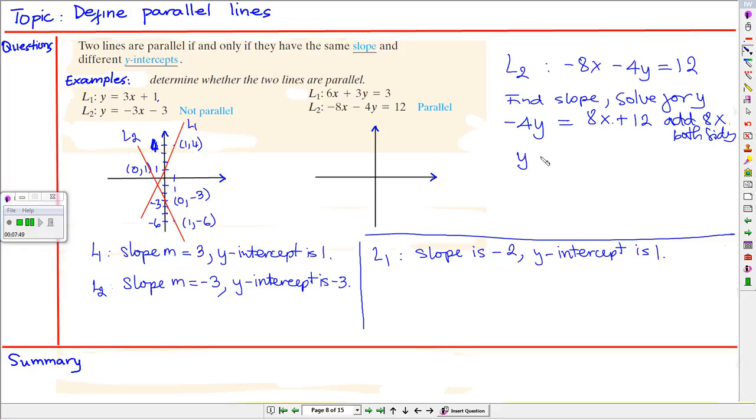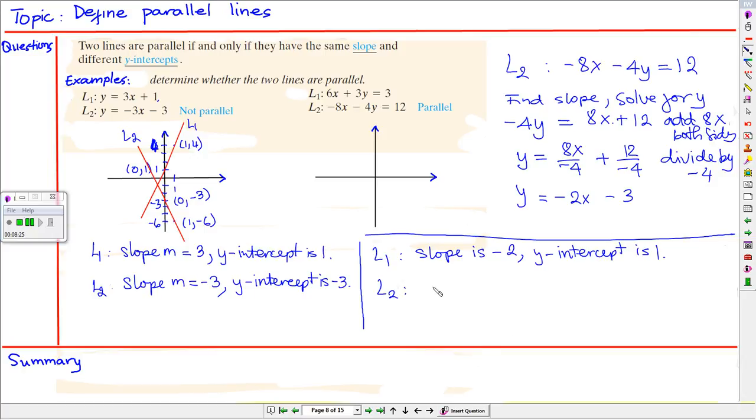Then we divide both sides by negative 4, so y equals 6x divided by negative 4 plus 12 divided by negative 4. Now we simplify the two rational terms on the right-hand side. 6 divided by negative 4 is negative 3/2 x, and 12 divided by negative 4 is negative 3.